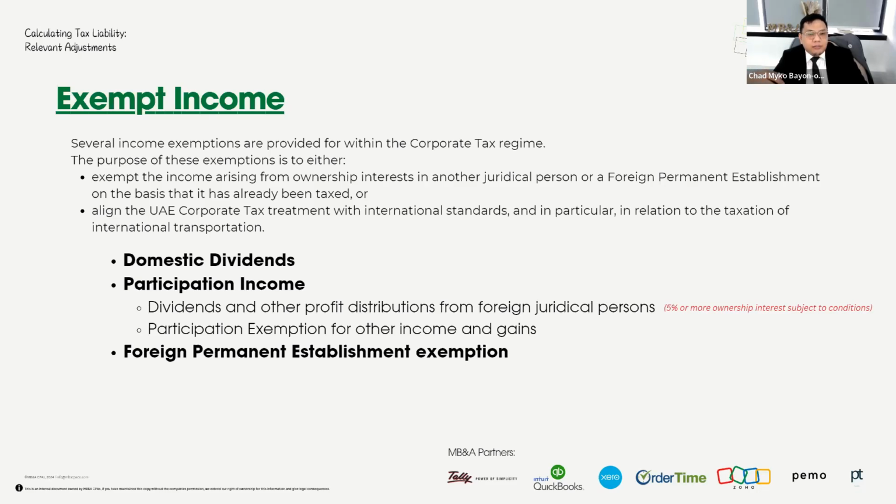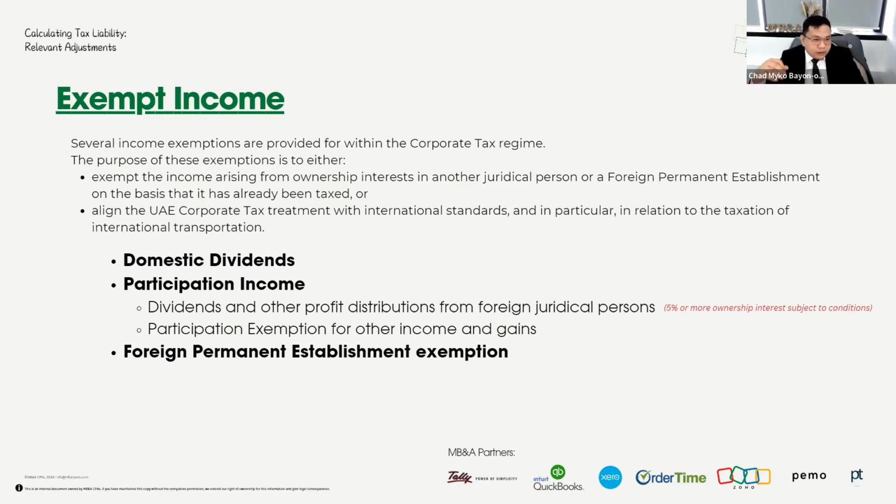So meaning it shouldn't be added as part of our taxable income. The reason being is, these companies might have already been taxed, and if it will be taxed again from our end, then it will become double taxation. So to avoid that, there will be an adjustment on our income when we receive profit distributions from these companies. So it will not be included as part of our taxable income.